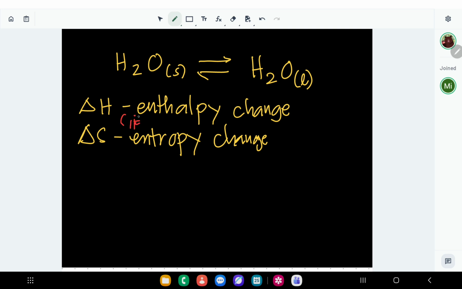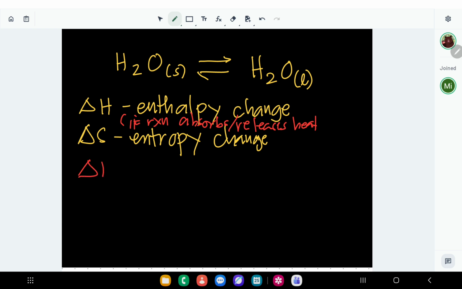We take a look at if there is a bond being broken or formed. Breaking bonds means it requires energy, so delta H is greater than 0.